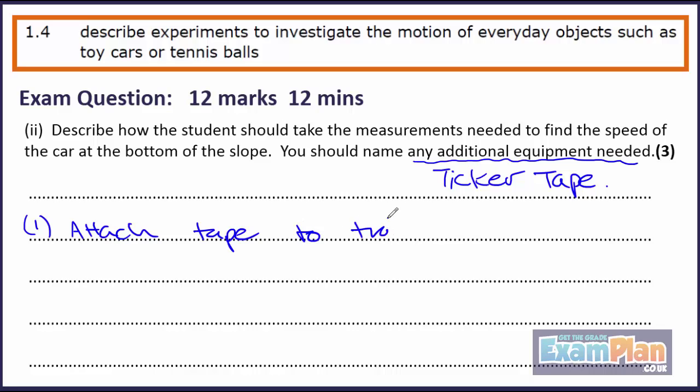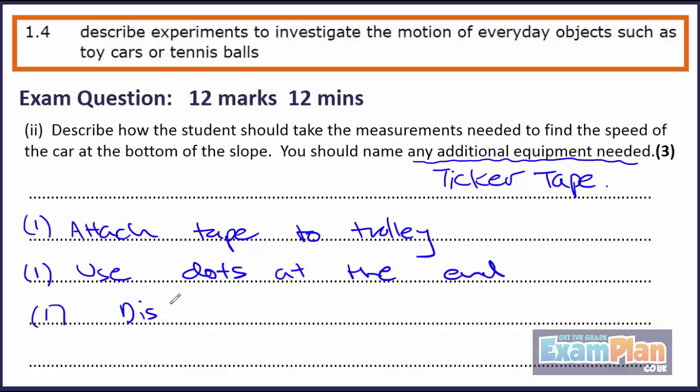So, 1. Attach the ticker tape to the trolley and feed it through the ticker tape machine. 2. Use dots at the end of the tape, as this corresponds to the journey at the bottom of the slope. Measure the distance between 2 dots, convert it to meters, and divide this by 0.2 seconds to find the speed.